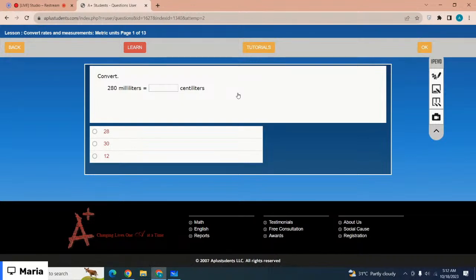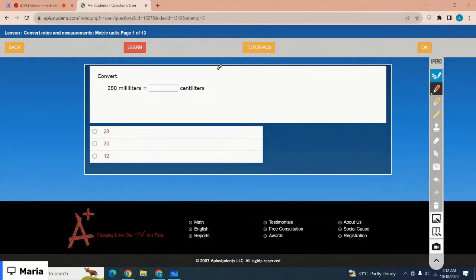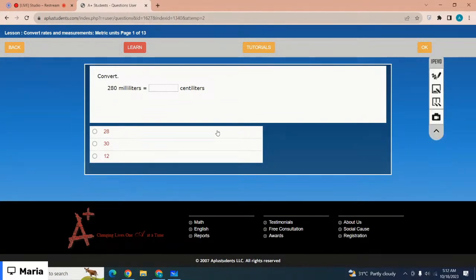So 1 centiliter equals 10 milliliters, right? You are given milliliters, so that would be 280 divided by 10, which is 28. The correct option is 28 centiliters.